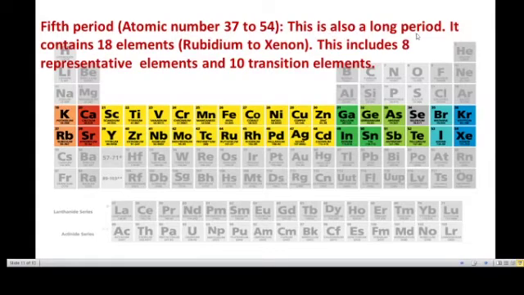This is also a long period. It contains 18 elements starting from rubidium to xenon. This includes 8 representative elements and 10 transition elements.